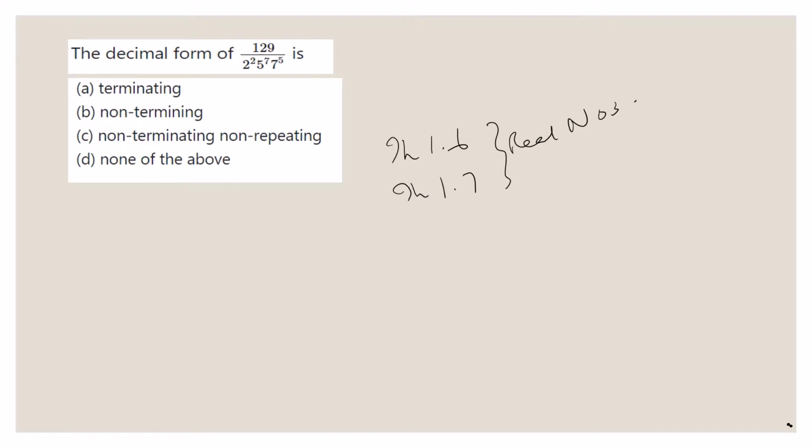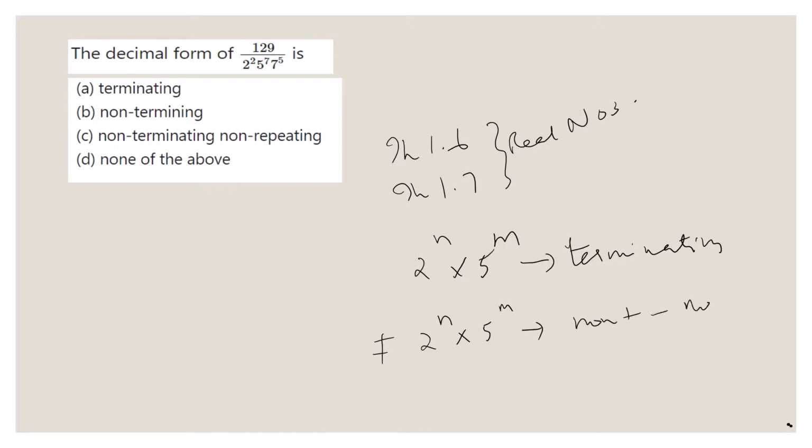There we studied that if the denominator is of the form 2 raised to n into 5 raised to m, then we can come to the conclusion that the decimal expansion is terminating. And if it is not of the form 2 raised to n into 5 raised to m, then it is non-terminating and non-repeating.